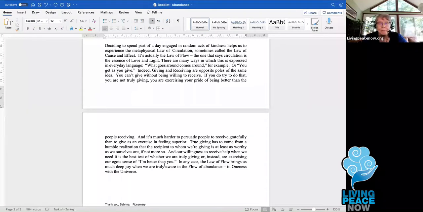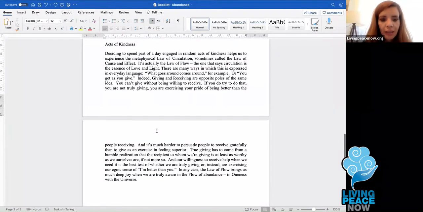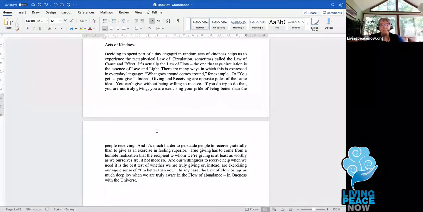So the second paragraph, Rosemary, would you like to read the second paragraph about acts of kindness? Sure. Deciding to spend part of a day engaged in random acts of kindness helps us to experience the metaphysical law of circulation, sometimes called the law of cause and effect.